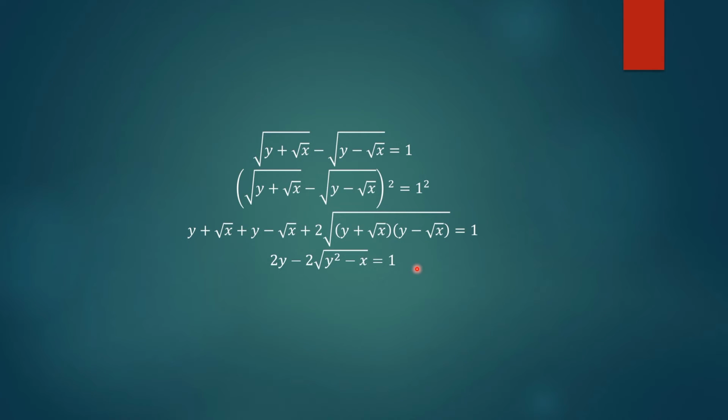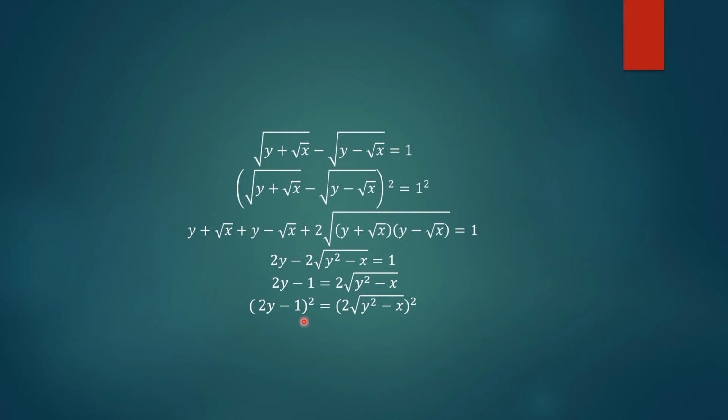So we have this, and dividing by 2 wouldn't be simpler here, because this one is not divisible by 2. So what you have to do is just maintain it like this, and we take this root to the right hand side and bring the 1 to the left hand side.